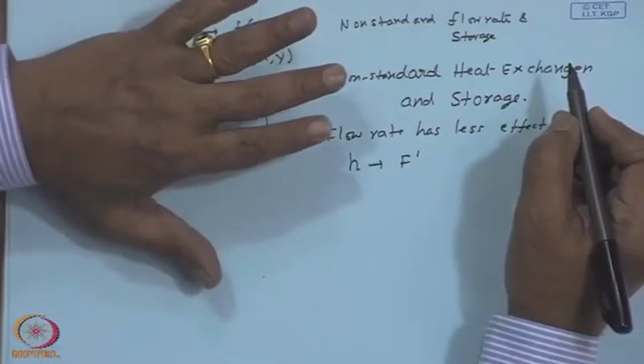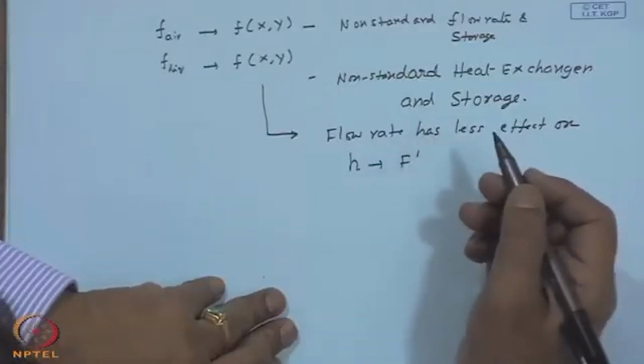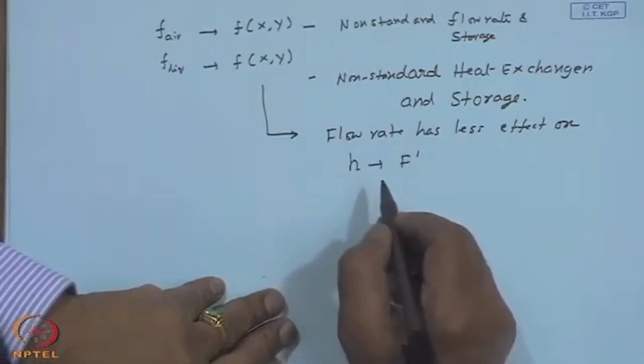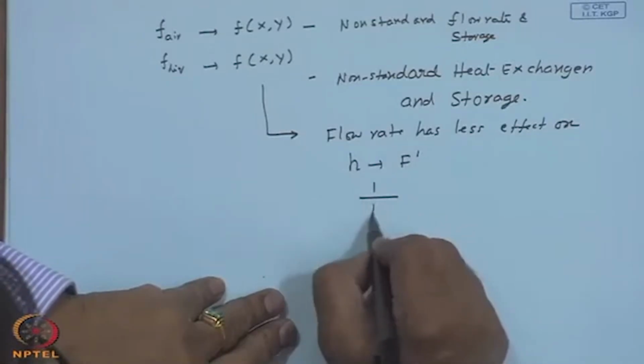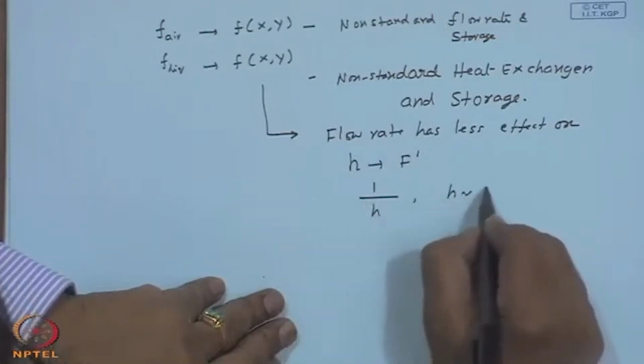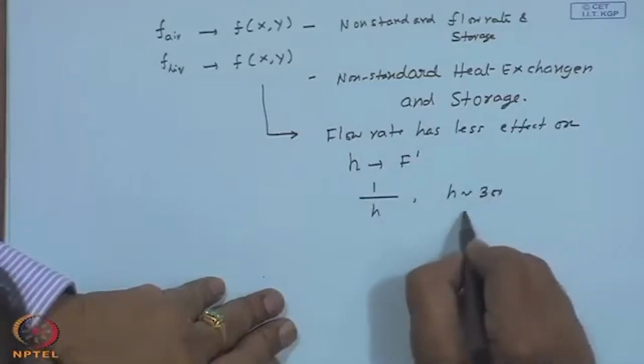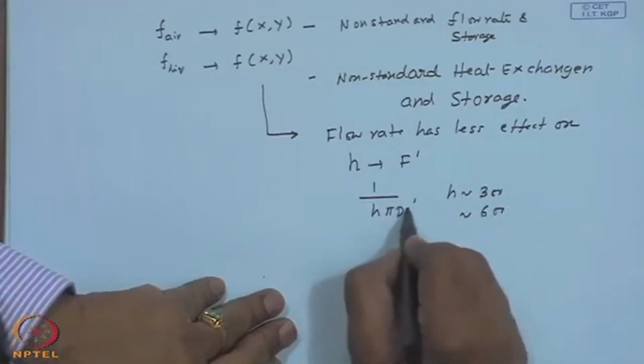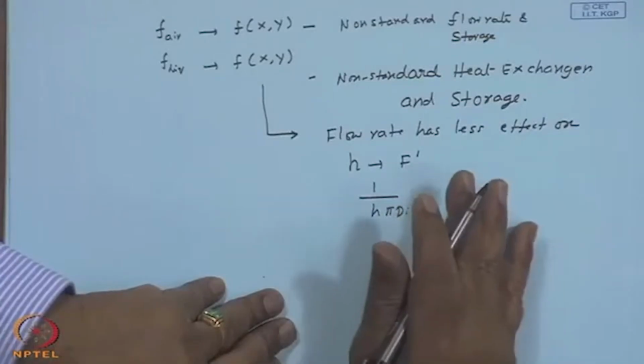So, for the flow rate, let us say 2 liters to 4 liters, unless the range from laminar to turbulent flow changes, my heat transfer coefficients are pretty much in the same range, and more importantly if you recall the expression for f dashed, the resistance is something like 1 by h, and h if it is of the order of 300, even if it becomes 600, 1 by h pi d i will still be small.